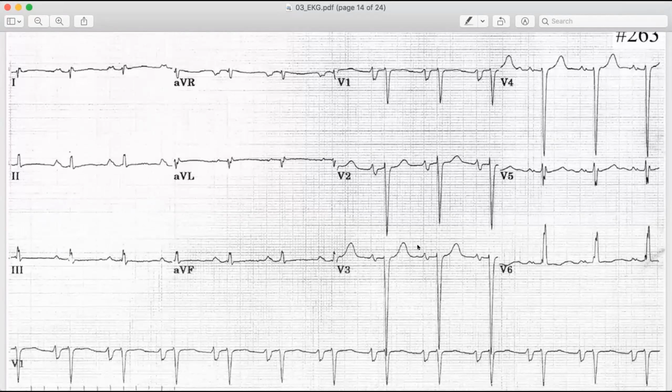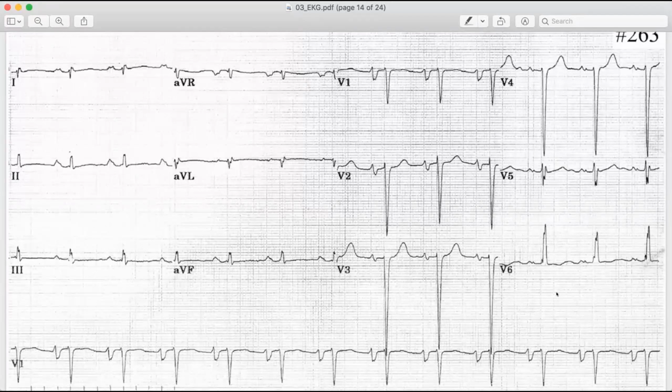What's interesting in V6 is that we can see non-specific T waves. I would say the R wave in V6 is notched, which is also interesting. So we can say it's an incomplete left hemiblock. No, not a hemiblock.